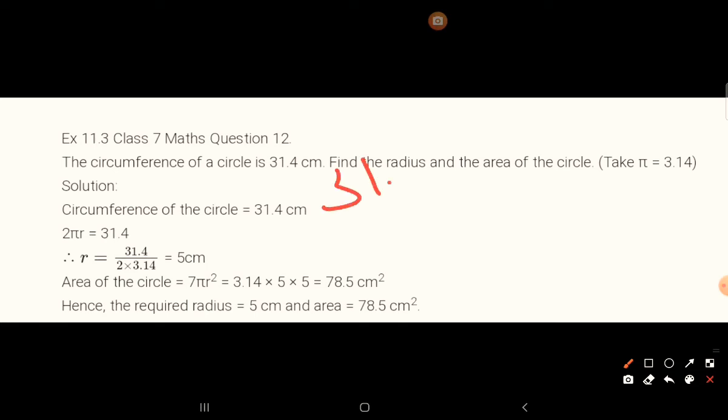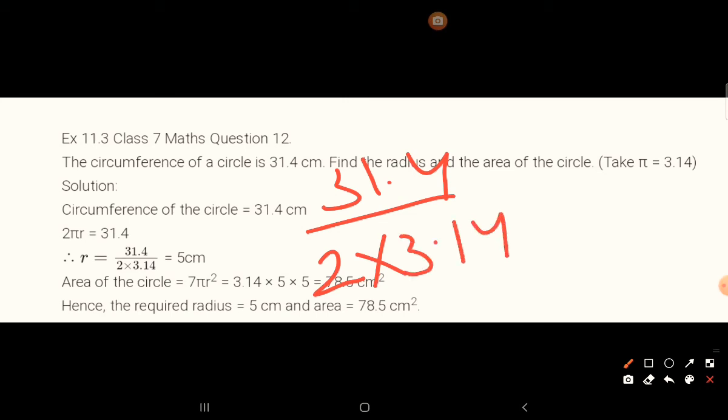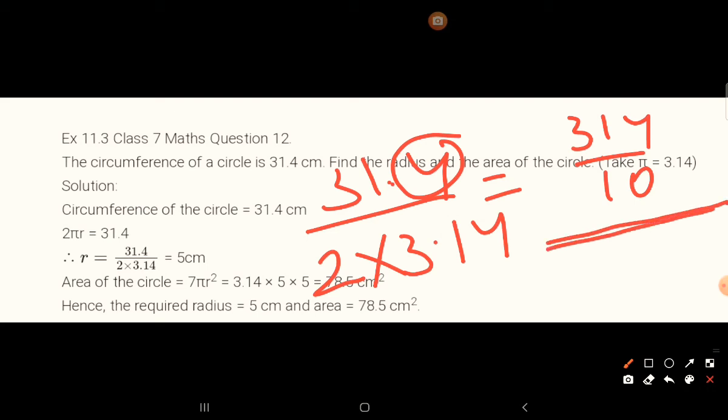It is 31.4 and below it is 2 times 3.14, right. So what you have to do is remove the decimal point. 31.4 will be 314 upon 10. Why 10? Because the decimal point is after 1 digit. This is only the numerator. Now we will do the denominator part.